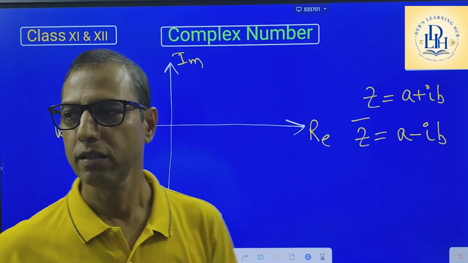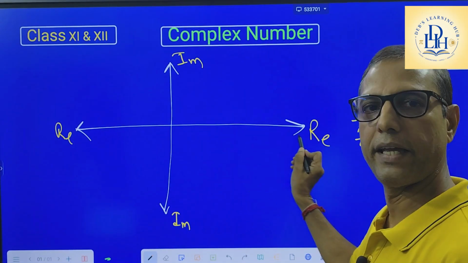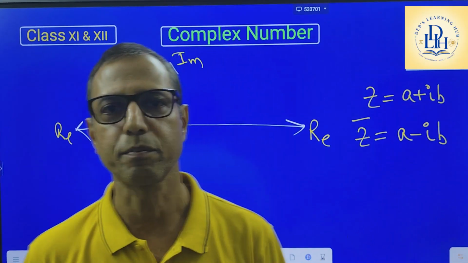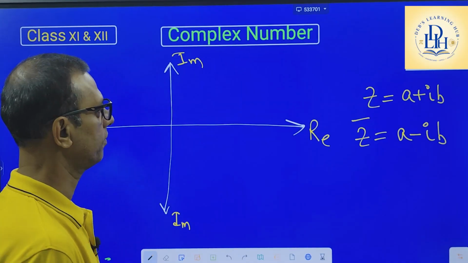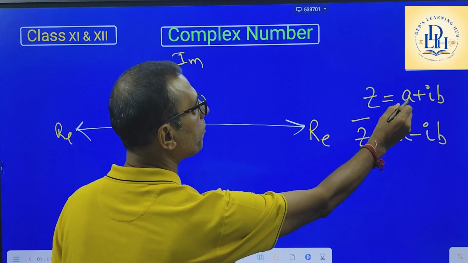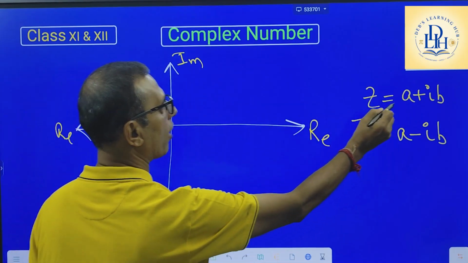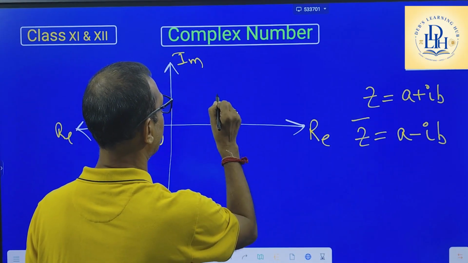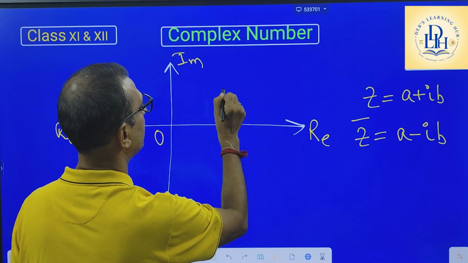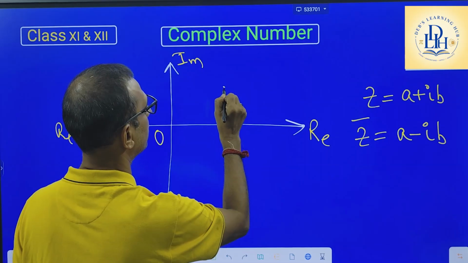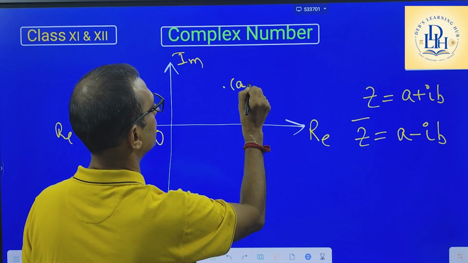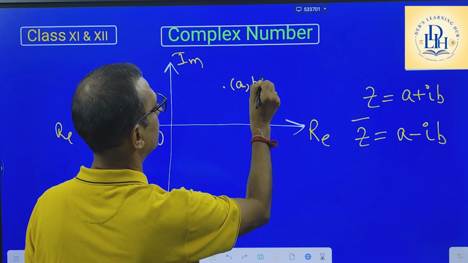This is the Argand plane where the real axis is along the x-axis and the imaginary axis along the y-axis, with respect to the Cartesian plane, right? So this is the origin. When you plot this a plus ib, along the real axis it is a, and along the imaginary axis it is b. That means this point is actually (a, b).